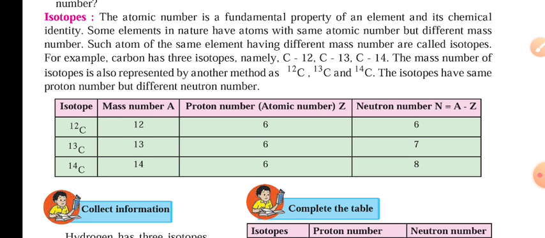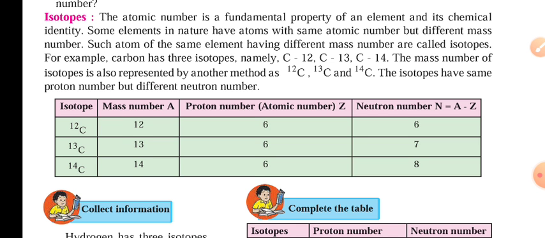of an atom. When we talk about isotopes, the special characteristic we have is that some atoms in nature have the same atomic number but a different mass number, because till now what we know is that all the atoms of a particular element have the same atomic number and the same mass number.